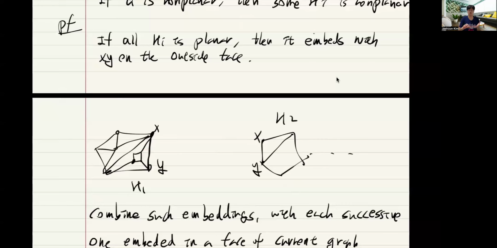And then once you draw it, once you merge two of them, you get the planar embedding of those two, and then you repeat. You have a planar embedding of H1 and H2, so that's planar. And then now what? Again, you can embed it so that xy is on the outside face. Then you can attach H3 in the same way, H4, H5, H6.